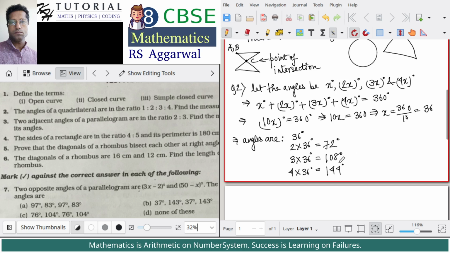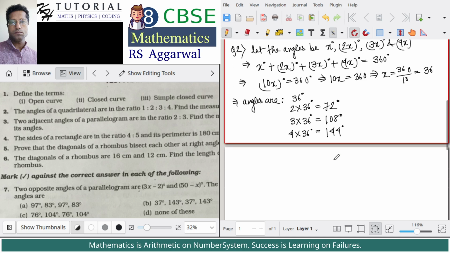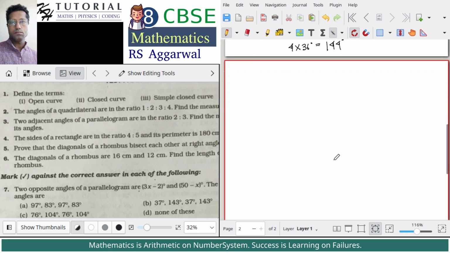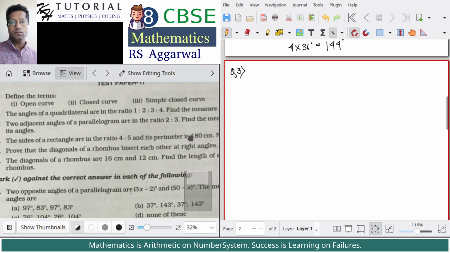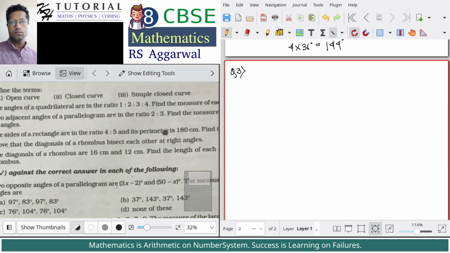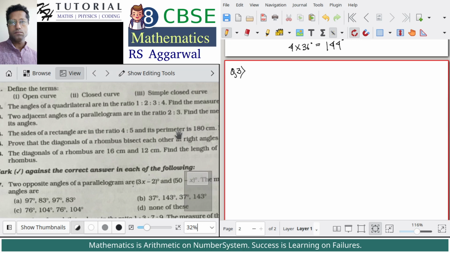Okay, so that was question number 2. Let's do question number 3. The two adjacent angles of a parallelogram are in the ratio 2:3. Find the measure of each of its angles. So if we have a parallelogram, let's say this is a parallelogram ABCD.